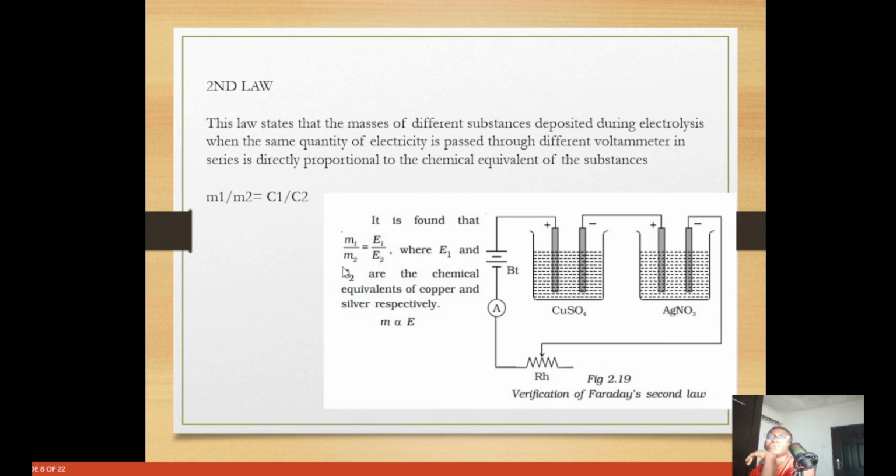So we have M1 divided by M2 equals E1 divided by E2, where E1 and E2 are the chemical equivalents. Focus on that: the same quantity of electricity is passed through different voltameters in series, and the masses are directly proportional to their chemical equivalents. That's Faraday's second law of electrolysis.